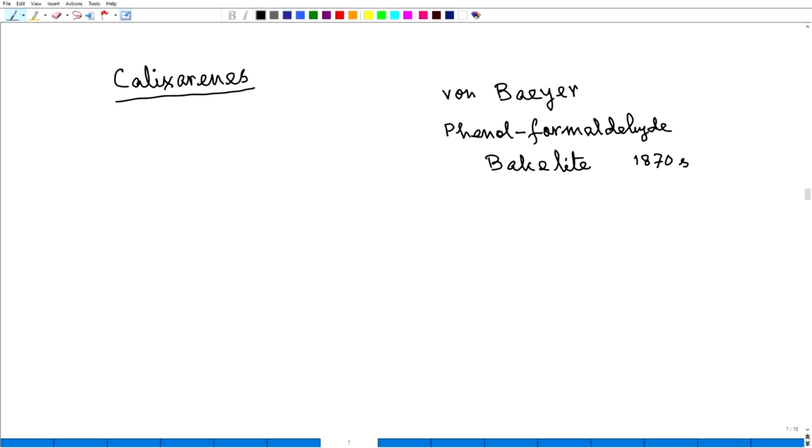Now what happens is, if we use para substituted phenols, it was discovered that para substituted phenols, unlike unsubstituted phenols, react with aqueous formaldehyde.